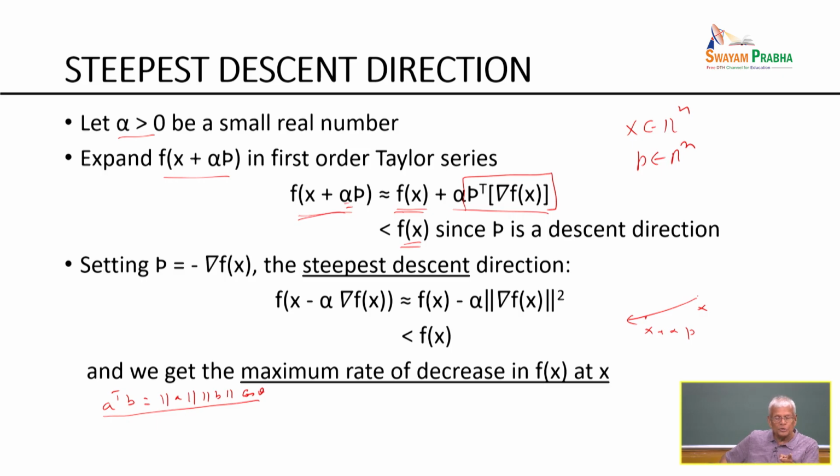Instead of p, choose p equal to minus the gradient. So, if p is equal to minus gradient, this term is the square of the norm of the gradient, that is maximum. So, I am trying to decrease the value by a maximum amount, alpha is positive and this is strictly less than f of x. So, we get the maximum rate of decrease of f of x at x.